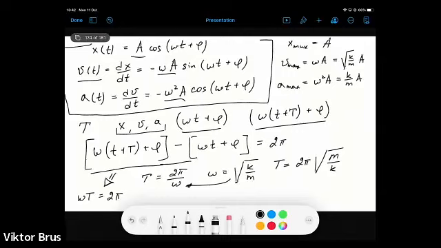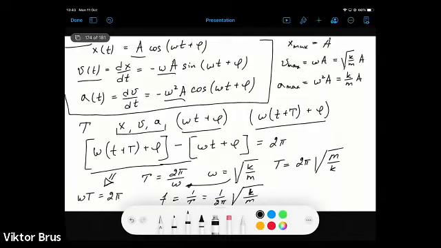Frequency is reciprocal to period T, it is 1 over T, and means how many full cycles of simple harmonic motion can fit in the time interval equal to 1 second. And that is equal to 1 over 2 pi times square root of k divided by m.